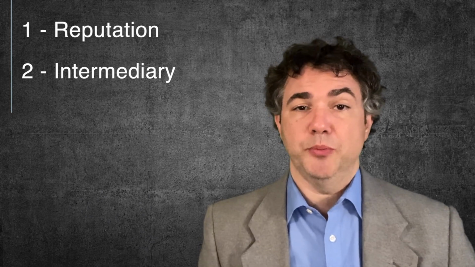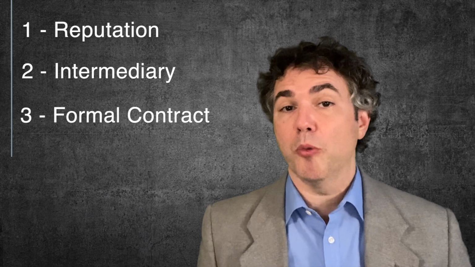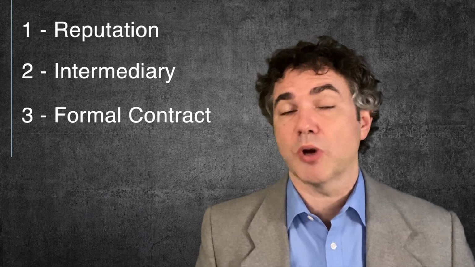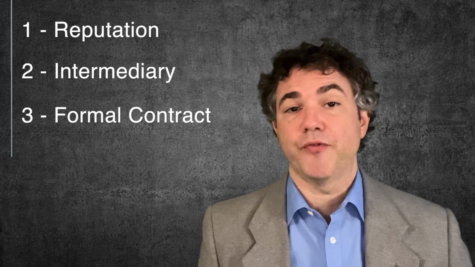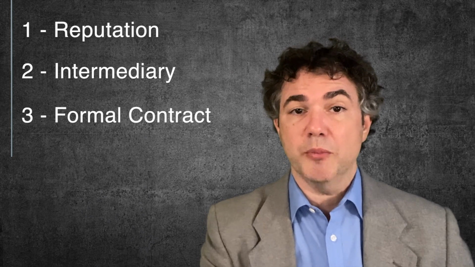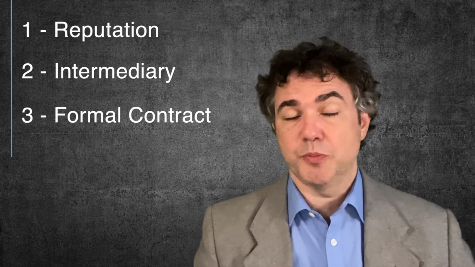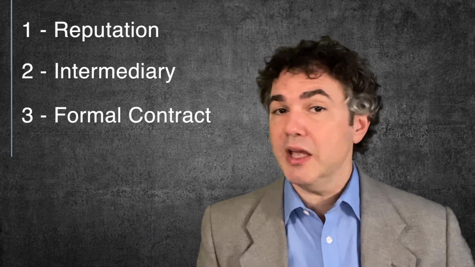Now, a third possibility is that Brian and Sarah might enter into a formal contract, perhaps a written contract that specifies exactly what happens. It's going to specify return rules, exactly what's going to get delivered, payment terms, a lot of things to specify there. But of course, that doesn't always work either.